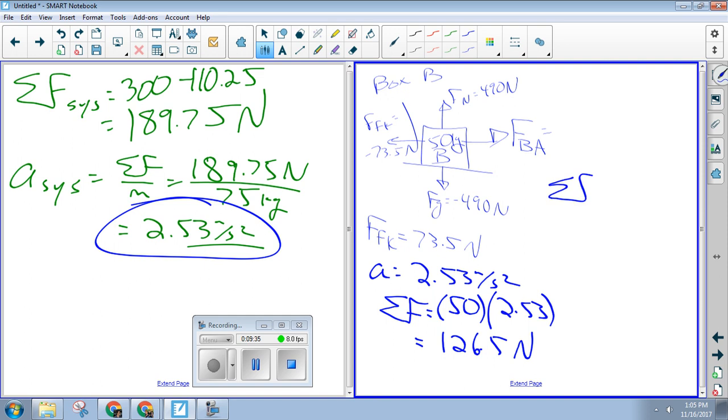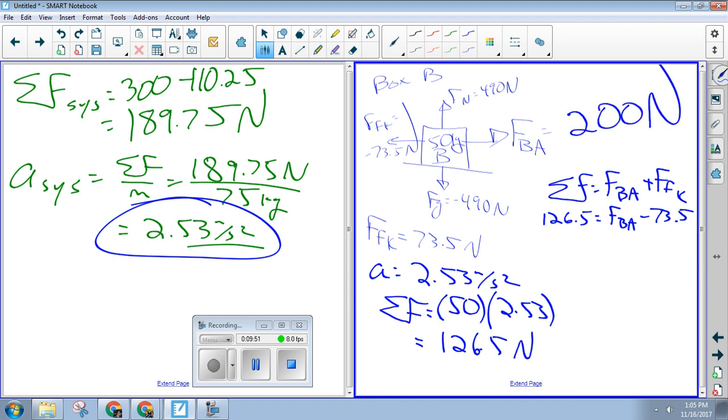So net force is the force on B from A plus the force of friction. So 126.5 equals the force on B from A minus 73.5. Add to both sides, and you get 200 newtons. Good or no?